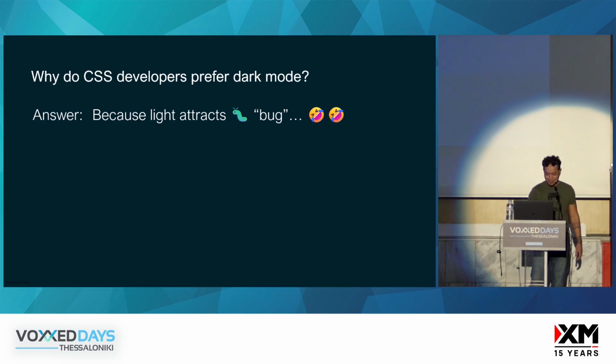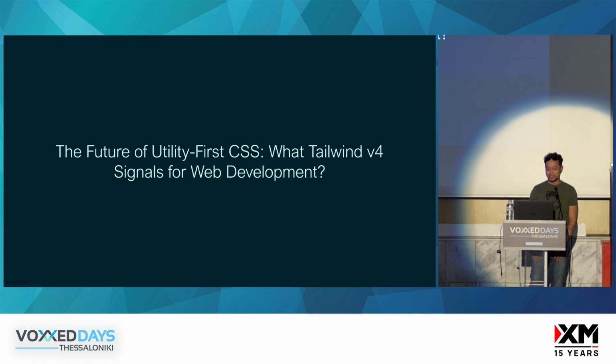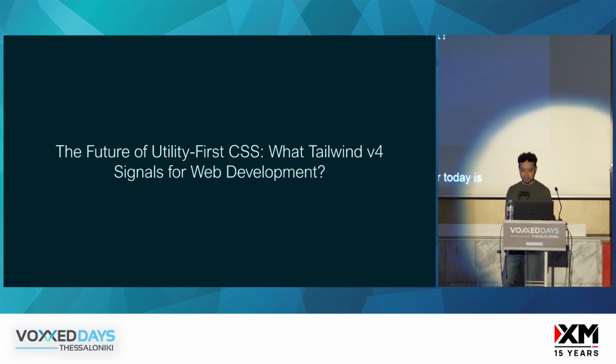Anyways, the title for today is the future of utility-first CSS. This is about Tailwind and how you would use it. Why is it good, and why is the first impression bad? I mean, it looks ugly. We're going to explore the version 3 and version 4 comparison, and you'll see V4 is revolutionizing the way we build enterprise applications.